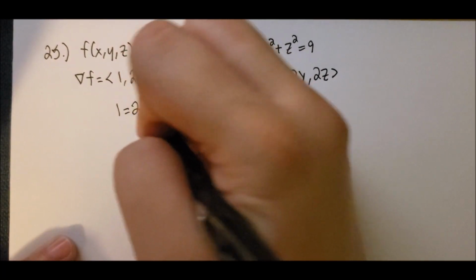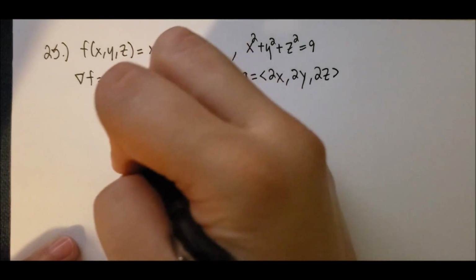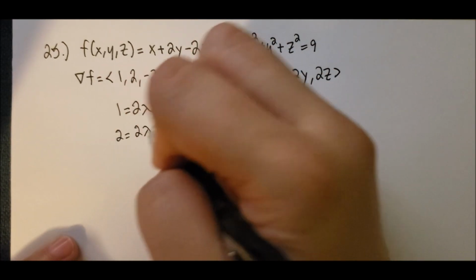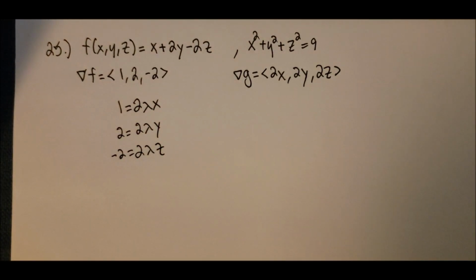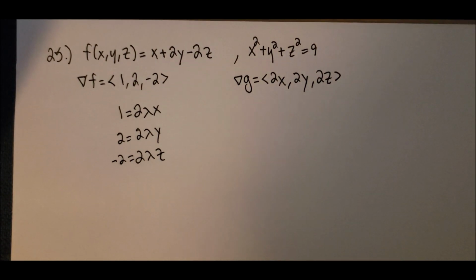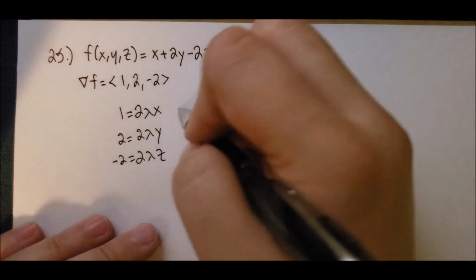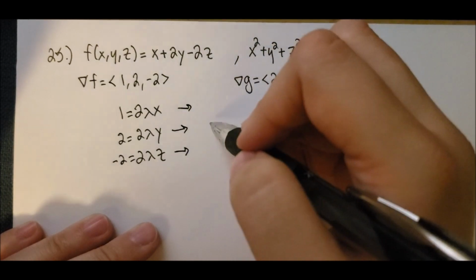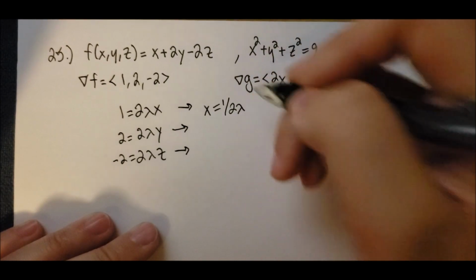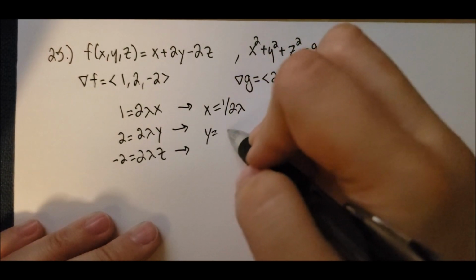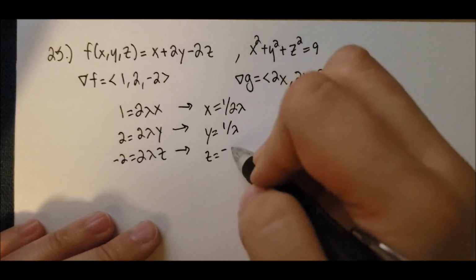So I have 1 is equal to 2 lambda x, 2 is equal to 2 lambda y, negative 2 is 2 lambda z. So I'm going to solve for x, y, and z. x is 1 over 2 lambda. y is 1 over lambda. z is negative 1 over lambda.